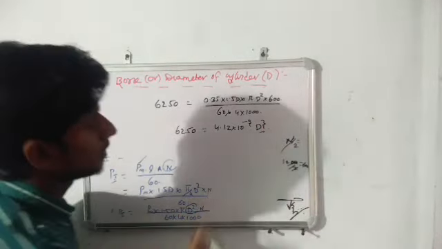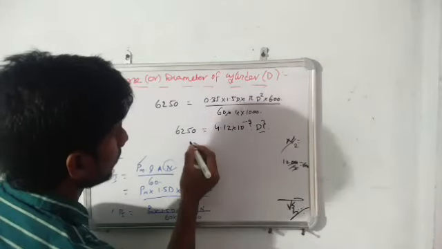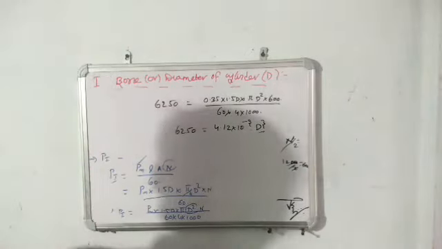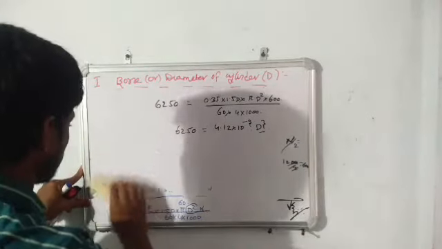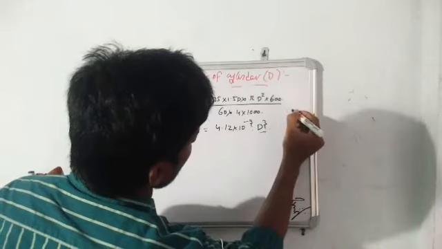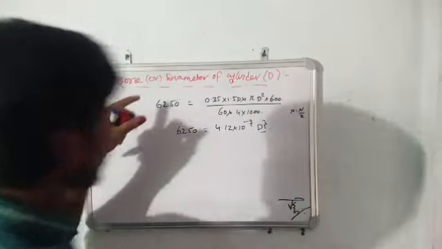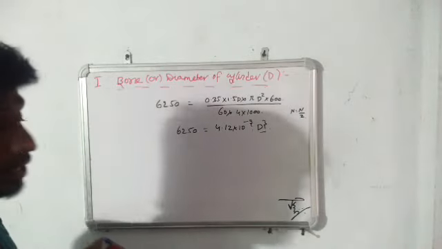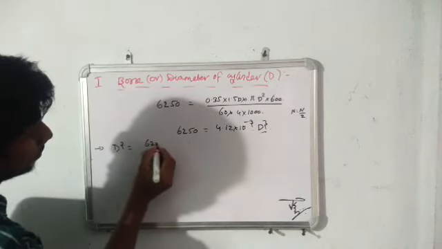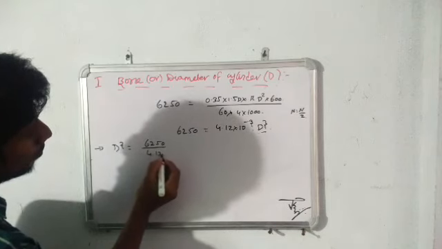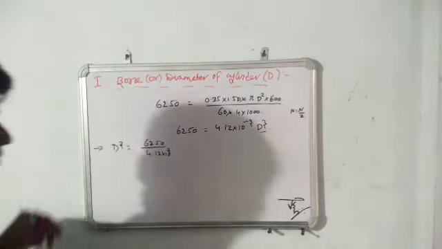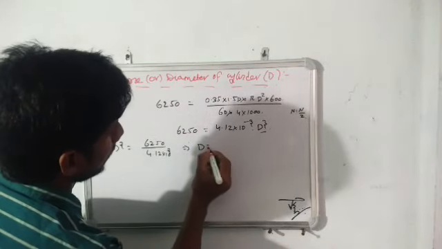From this, d cubed equals 6250 divided by 4.12 × 10^-3. By simplifying this, we get d.